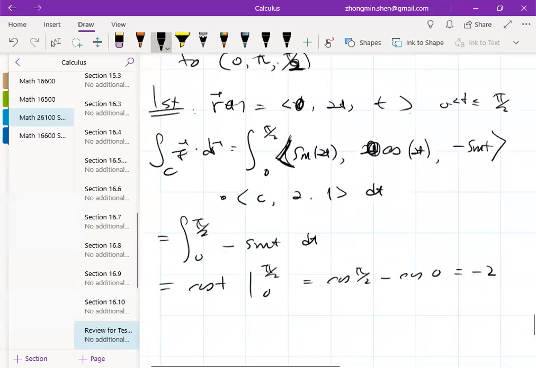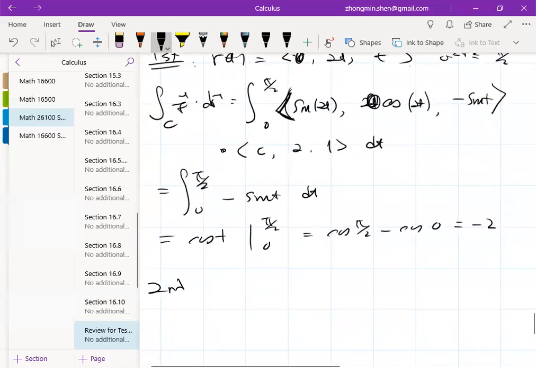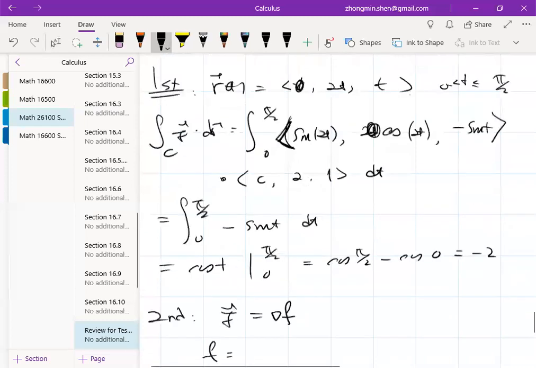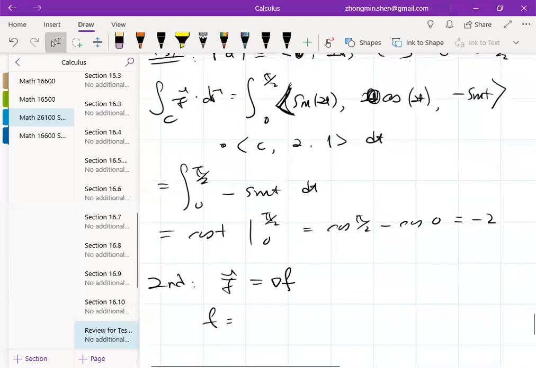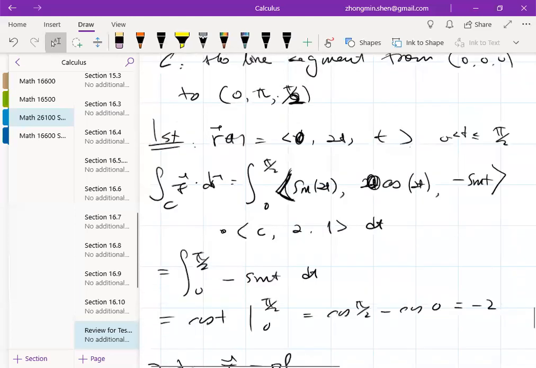It's not too complicated. The second method is you express F as a gradient of a function. We already got that. The function f is going to be x sine y cosine z.